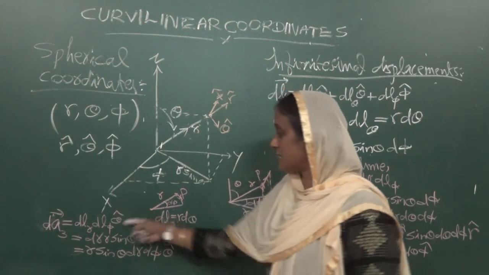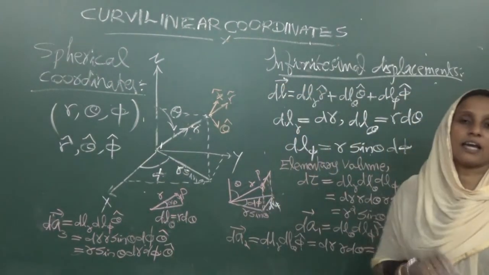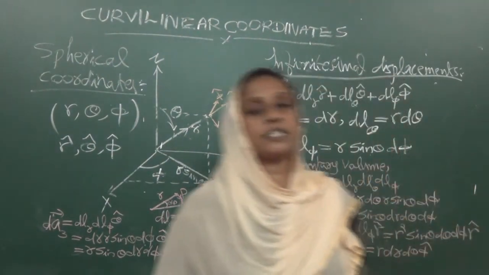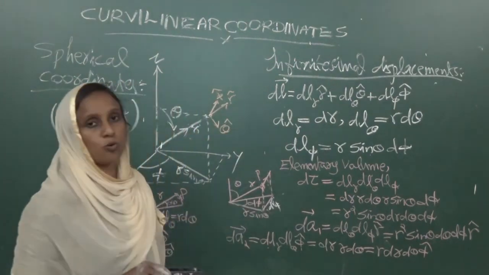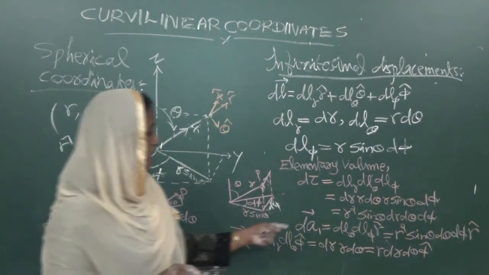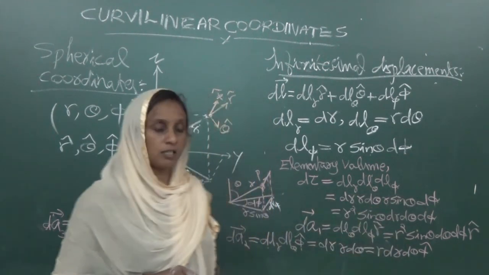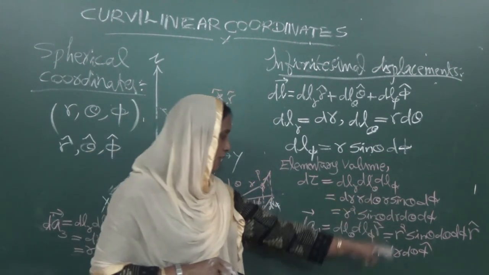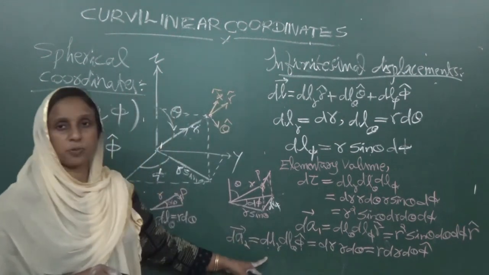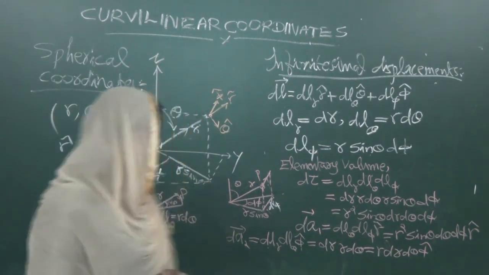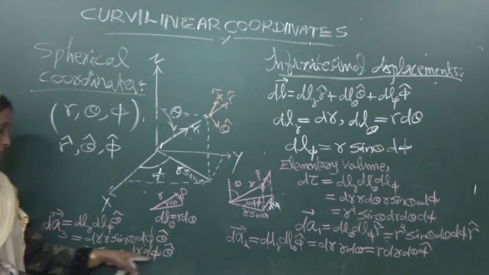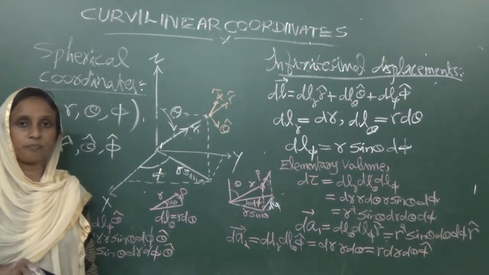Okay, these are the elementary areal vectors in spherical polar coordinates. If your areal vector is pointing along r cap, it is given by this expression. If it is pointing along phi cap, it is given by this expression. If this areal vector is pointing along theta cap, it is given by this expression.